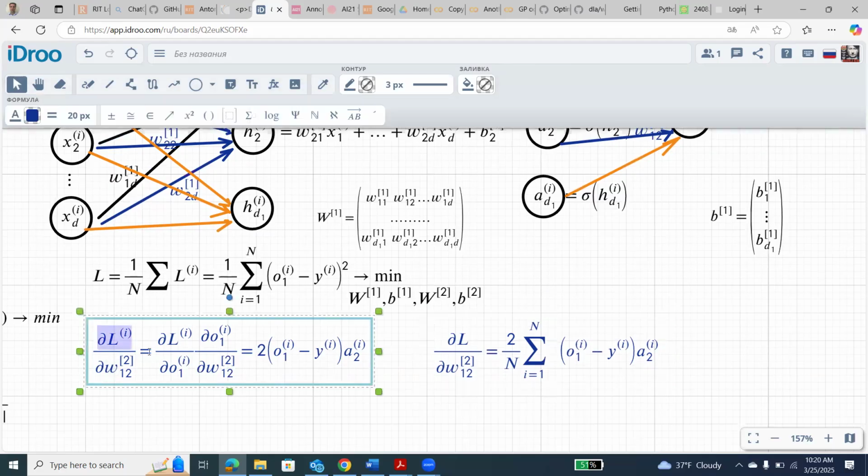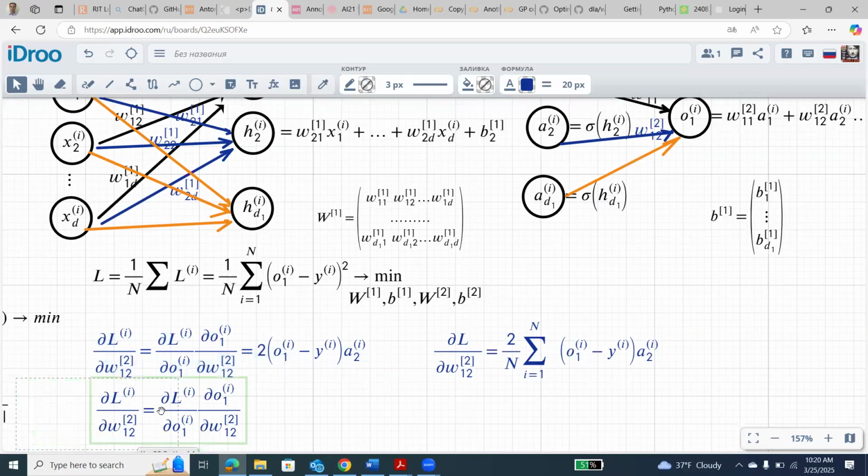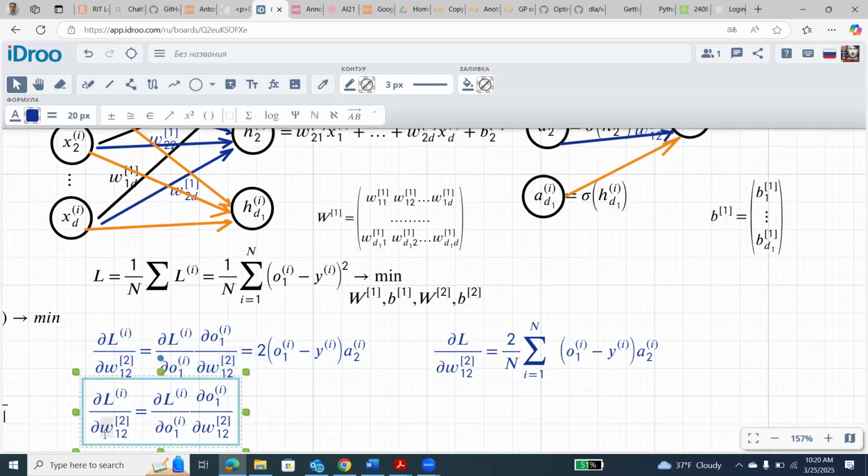So I will copy paste this part because we will need it. B2 from the layer 1. So let's think again: only O depends on parameters. So that's why the first derivative will be the same, the derivative with respect to O, but then the derivative of O with respect to B2.